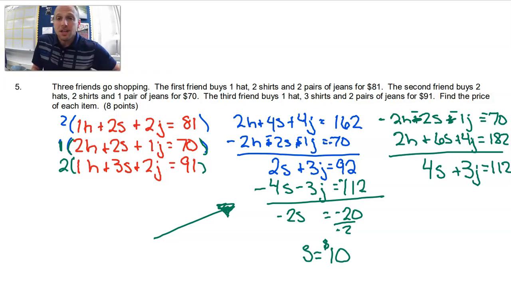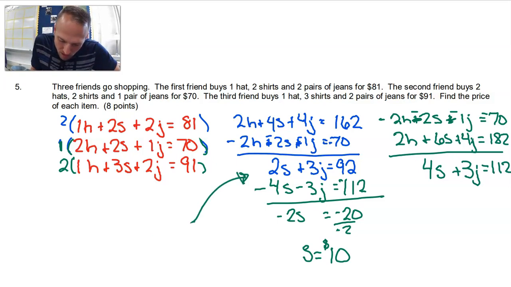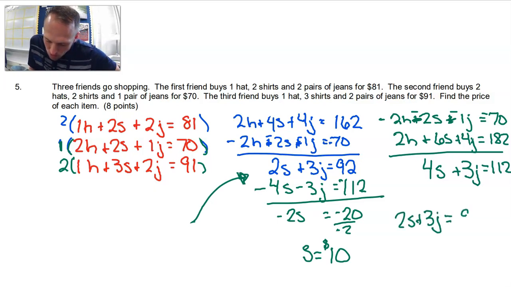All right, now let's take that 10 and sub it back into this equation. I'm going to choose this equation right there. So I've got 2s plus 3j equals 92. And I know that s is equal to 10.